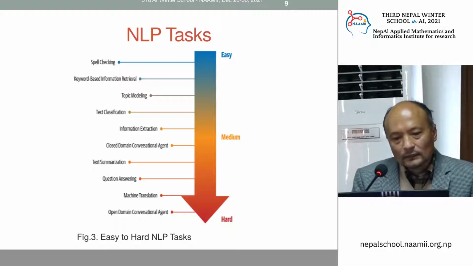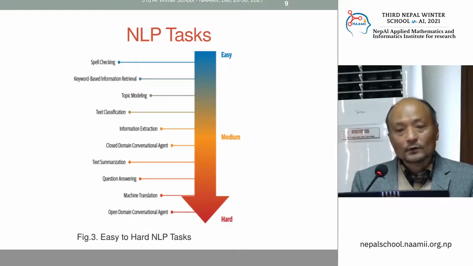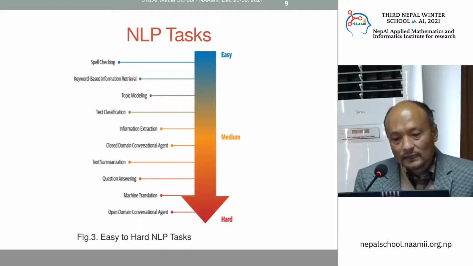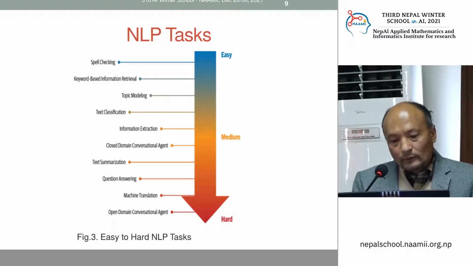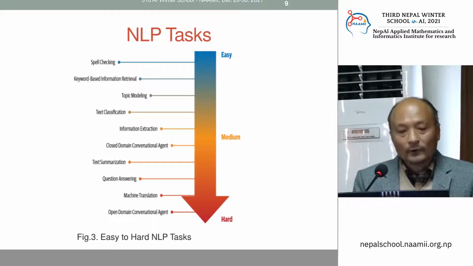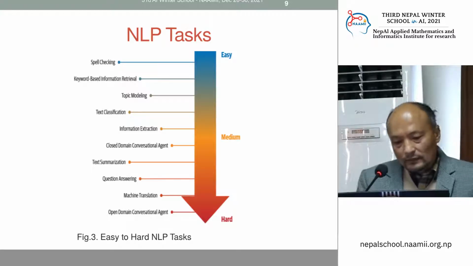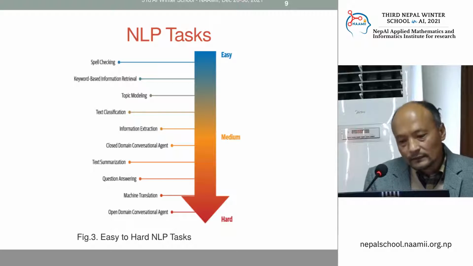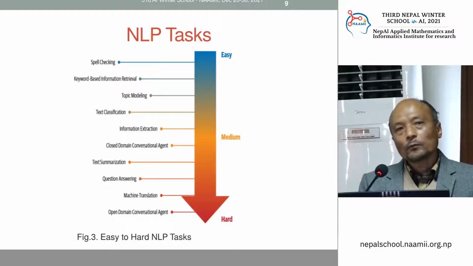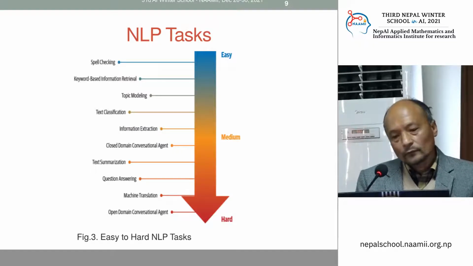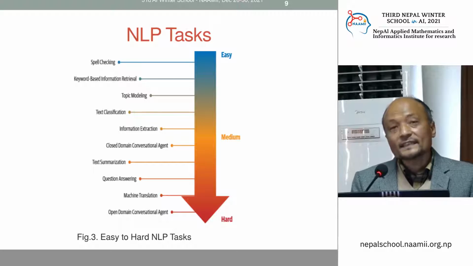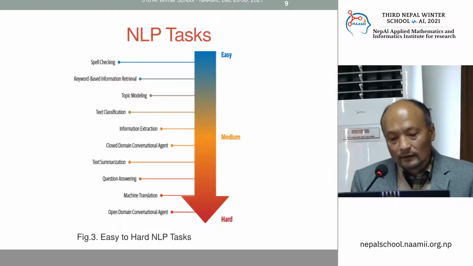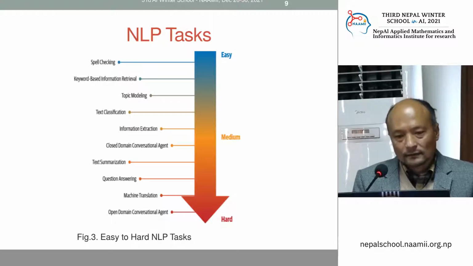And moving on, we have keyword-based information retrieval, topic modeling, text classification, information extraction, closed domain conversational agent, text summarization, question answering, machine translation, and open domain conversational agent, right? So as we move from up, way down below, we move from easy tasks, transitioning to some medium tasks and then hard NLP tasks.